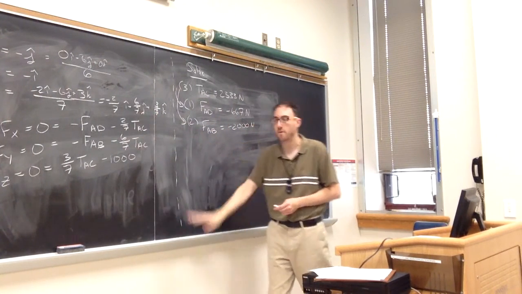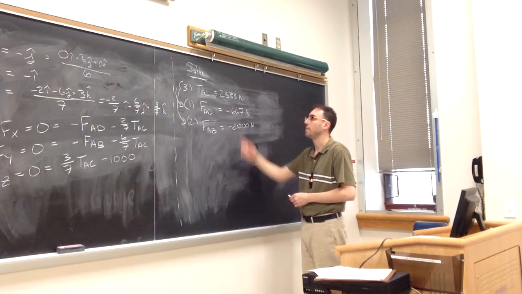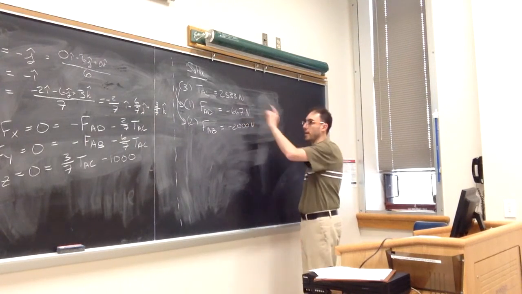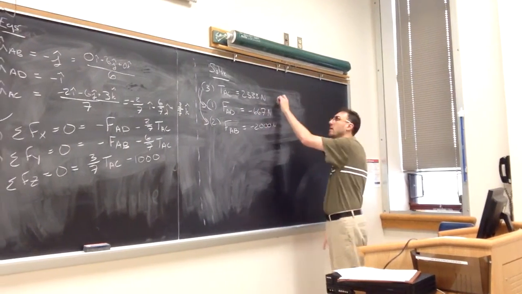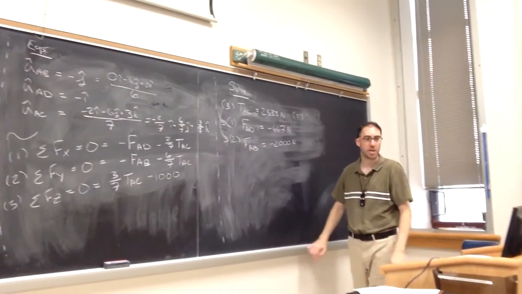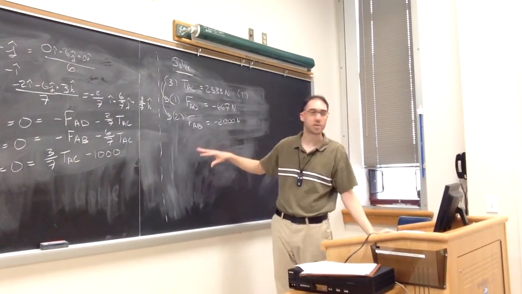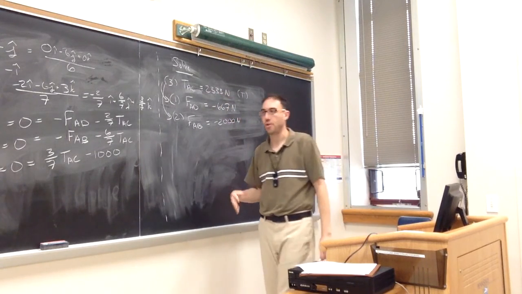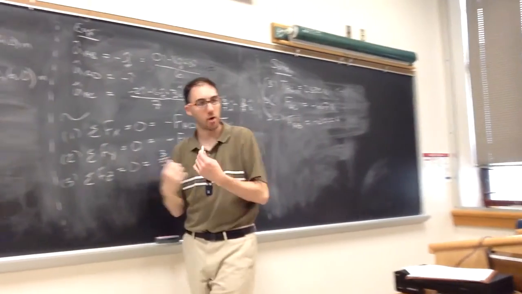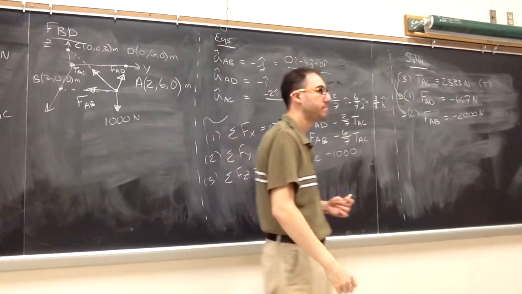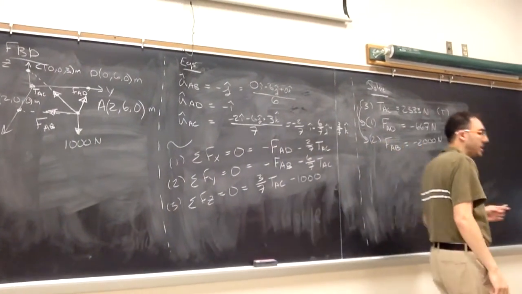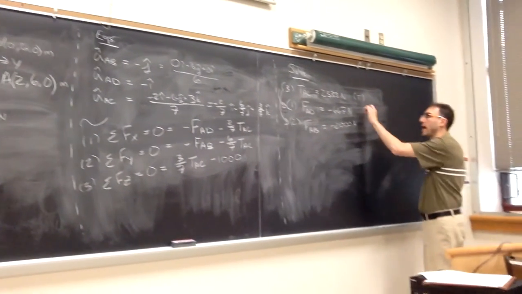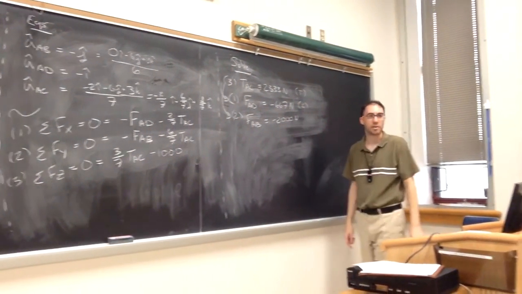That's the important part. Now at the interpretation step, the tension in AC, or the TAC, is positive, which means it is indeed in tension, which I want to indicate. This will also act as a quick check, if this were a negative value, something went wrong. The rope cannot push, it can only pull, it can only hold tension. The force in that member AD is negative, which is okay, because that rod can be in compression or in tension.